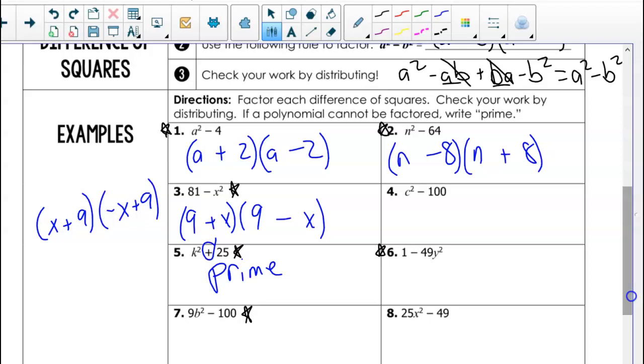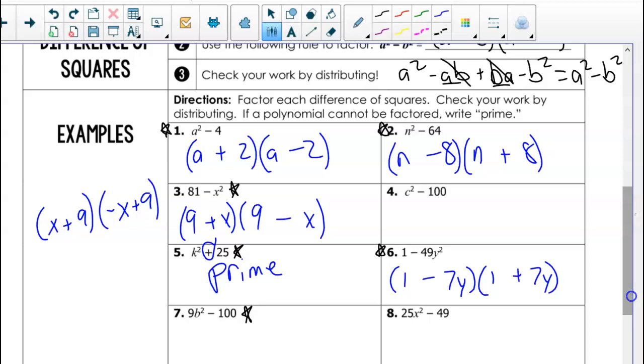For number 6, the square root of 1 is 1. Now I have a variable and a coefficient, still the same thing. The square root of 49 is 7, and the square root of y squared is y. So now you have a variable and a coefficient instead of just one.